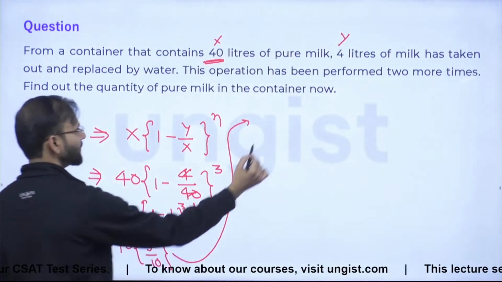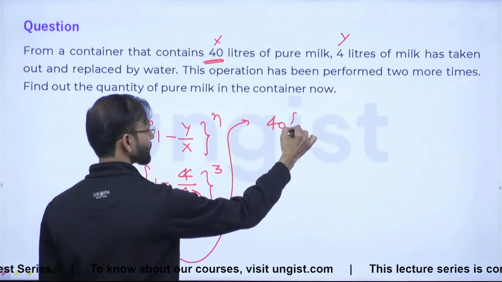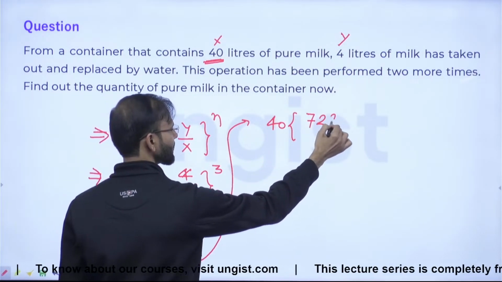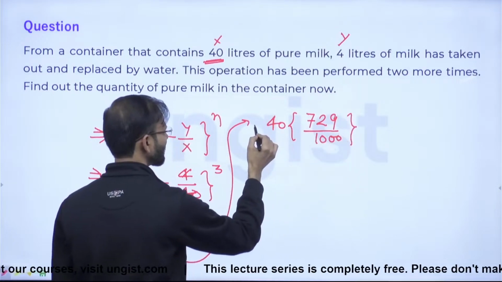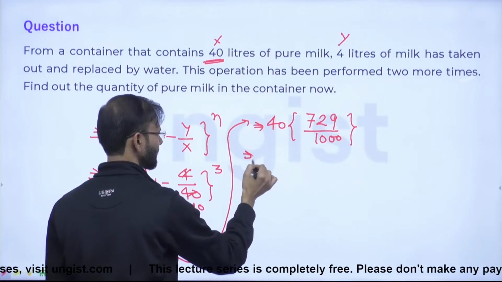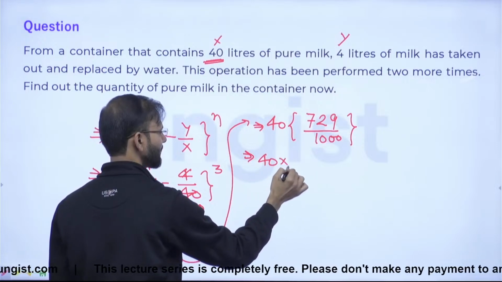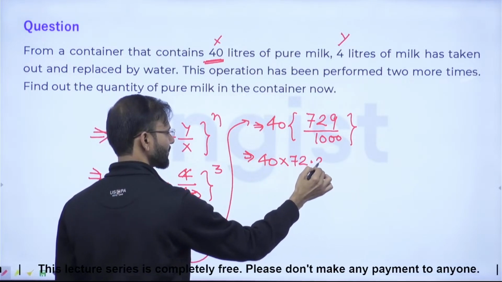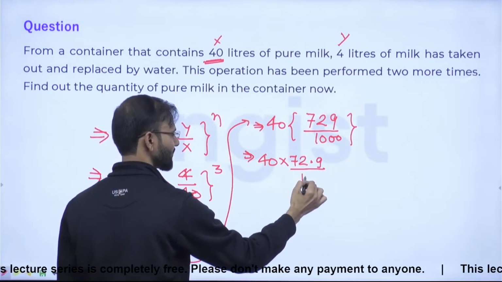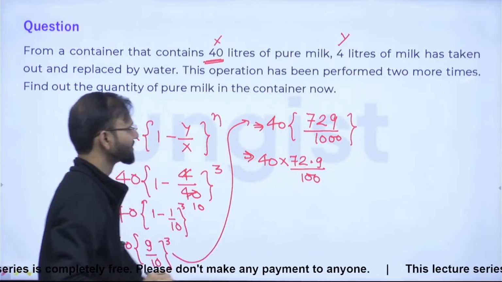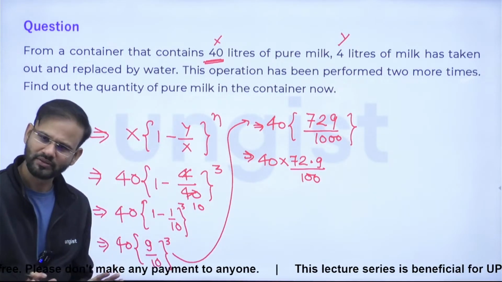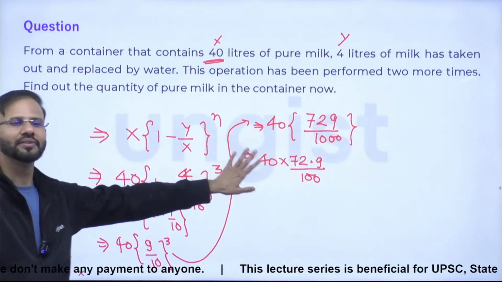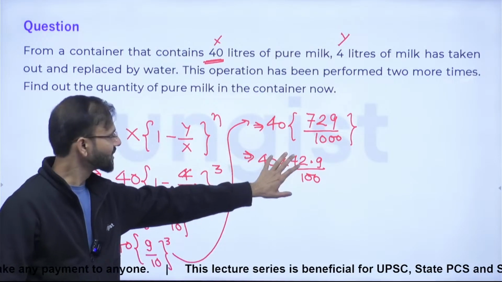So this is 40. 9 cube is 729, and this is divided by 1000. Correct? So here this is 40 into 729, I'm just writing it as 72.9 divided by 100. Guys, can I write this expression like this? Okay with this, everyone? After that I'm not doing anything, I'm just leaving it here.